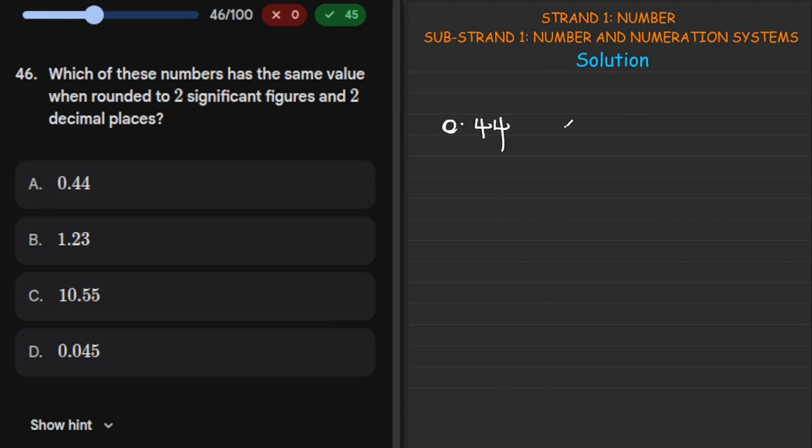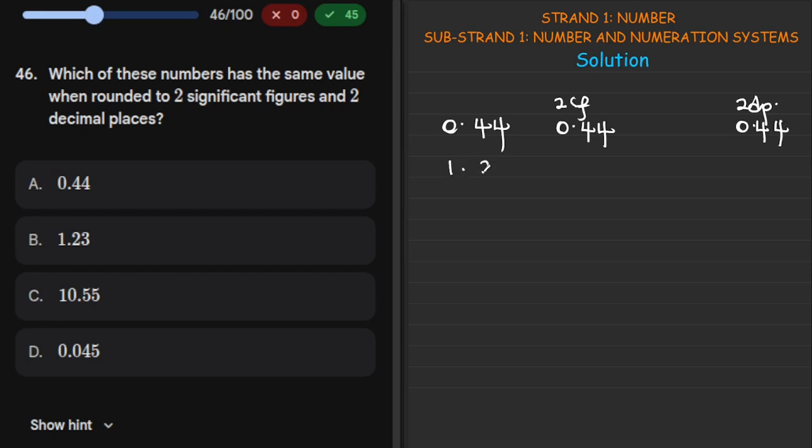So for this first column, I'm going to do the two significant figures, and then right here I will do the two decimal places. So for two significant figures, these two digits are the only significant figures we have. So we have 0.44, and for 2 decimal places as well, there is nothing to round. So 0.44.